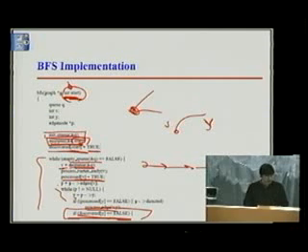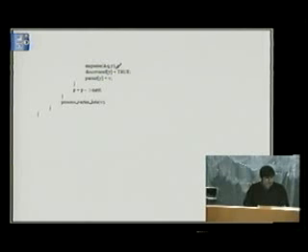If I did not discover it, what am I going to do? I'm going to say Y is now enqueued as a new vertex to be stuck on my Q. I have discovered Y. Because V discovered Y, V is the parent of Y. And now I have finished exploring that edge.